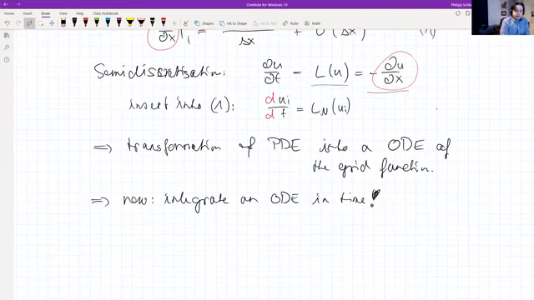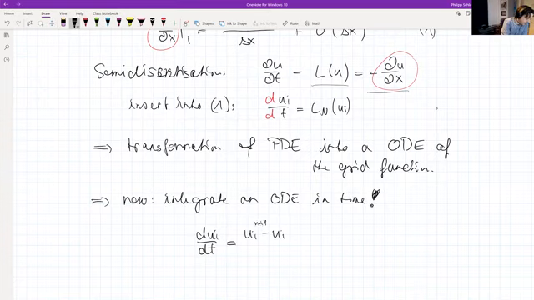Okay. So now let's get back to this example that I had. We wrote du dt as ui at time n plus 1 minus uin divided by delta t.